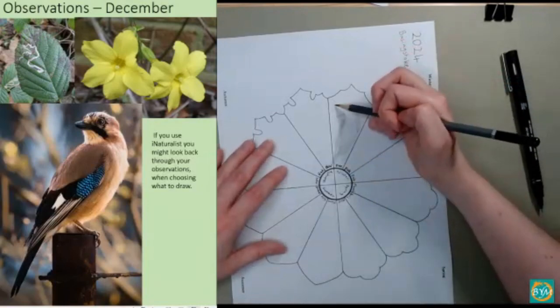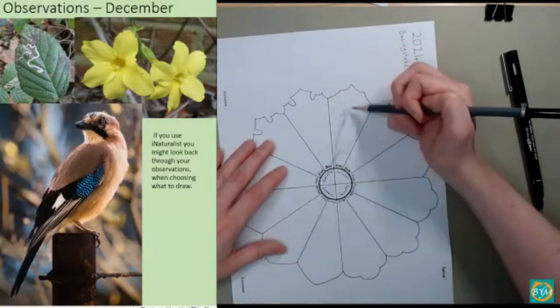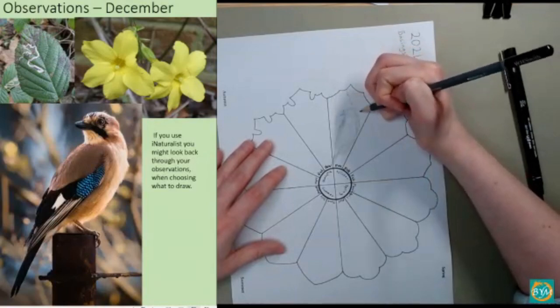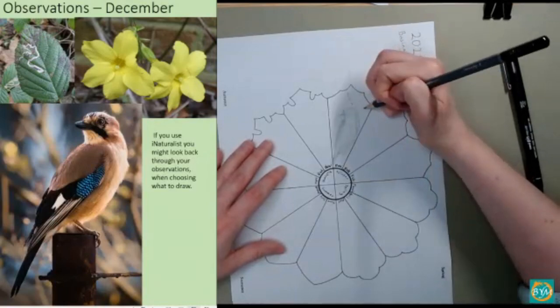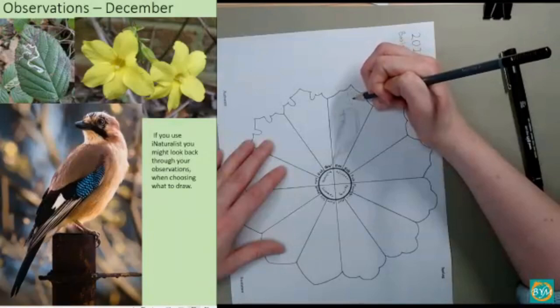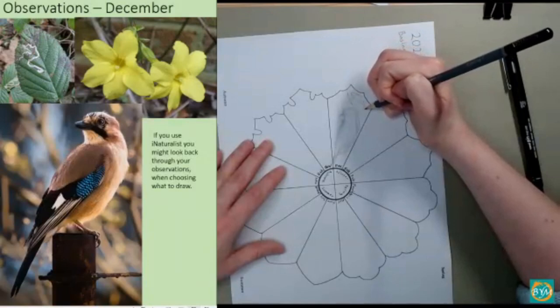I might then decide I'm not going to include the whole of this leaf with the little mine going on in here. I'll just have a little section, and then have that squiggly leaf mine. And this is something that I had ID'd on iNaturalist.